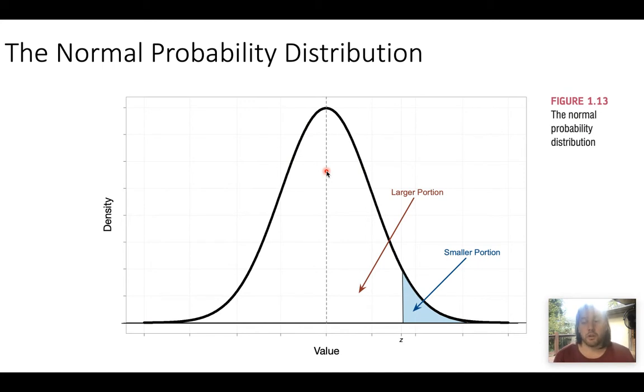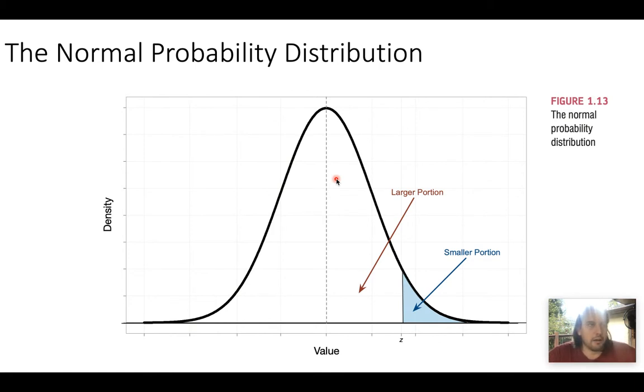Most people are close to average. As we move away from the mean in either direction, then the frequency or the probability of those scores becomes lower and lower and lower. There are fewer people out here in the tails of the curve and a lot of people here around the mean.